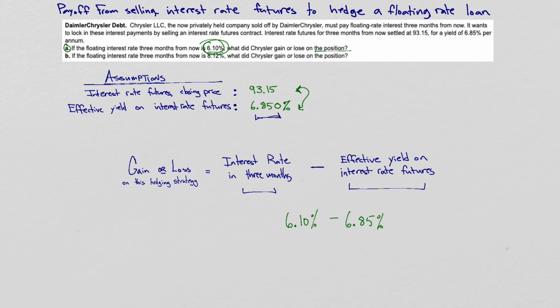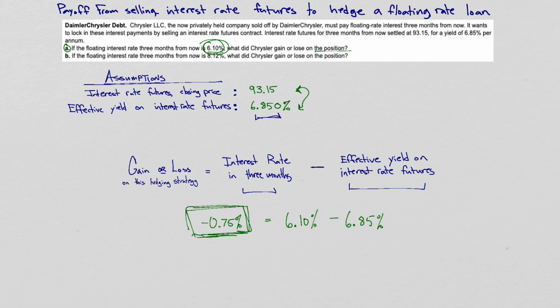And so that means the futures prices have risen. And for us, that's not good, because we had bet on a falling price for this futures contract, and our futures position ended up with a loss of minus 0.75%. So we lost 0.75 of a percentage point because we were short this interest rate futures contract.